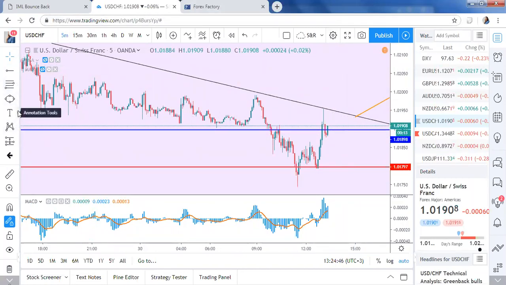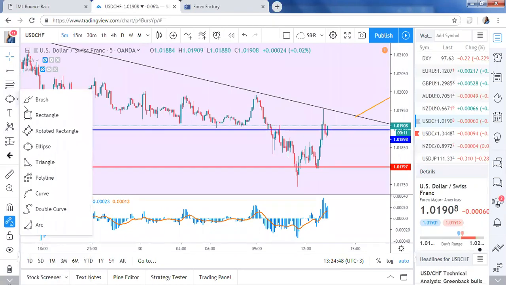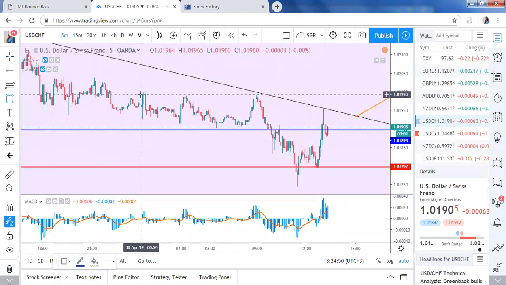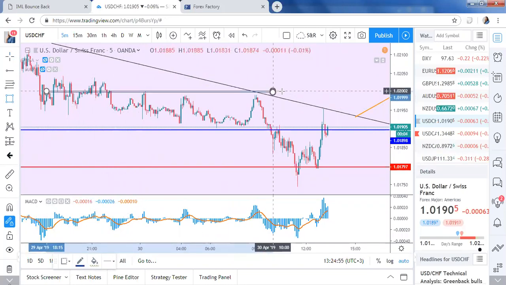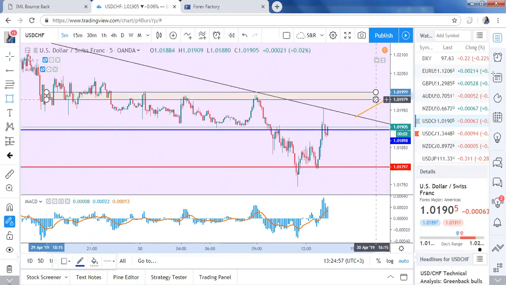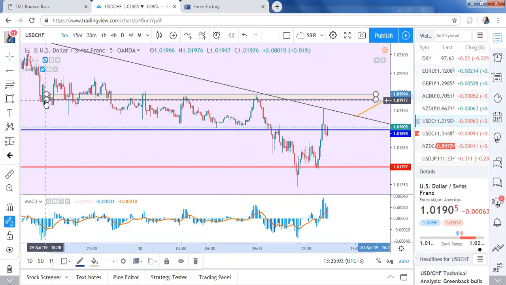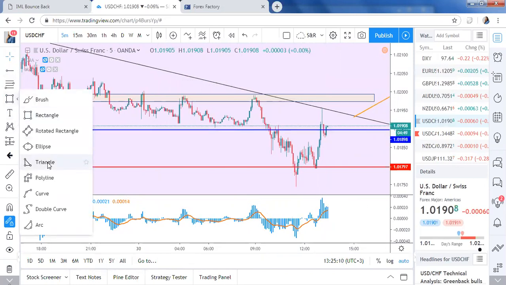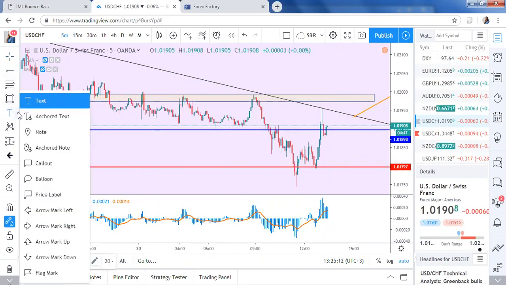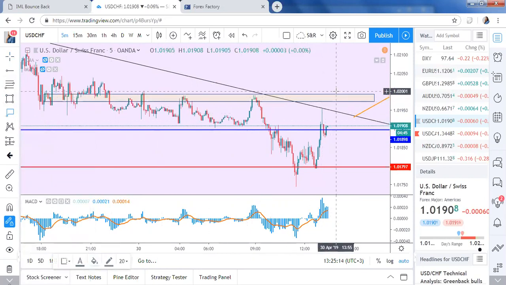Again, I'm going to identify structure. Structure on my lower time frame is around here. This is my little resistance, support equals resistance, on my 5-minute time frame. Therefore, on my 5-minute time frame, I need for price to break this resistance.